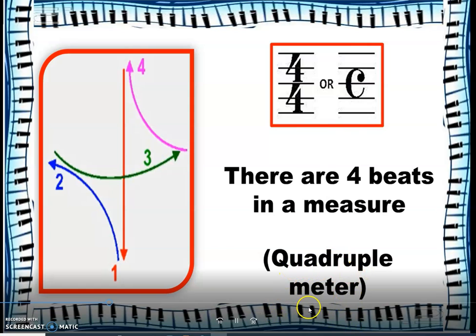How is it to be conducted? First, downward, count 1. Then, inward, count 2. Outward, count 3. And upward, count 4. That is how it is to be conducted.